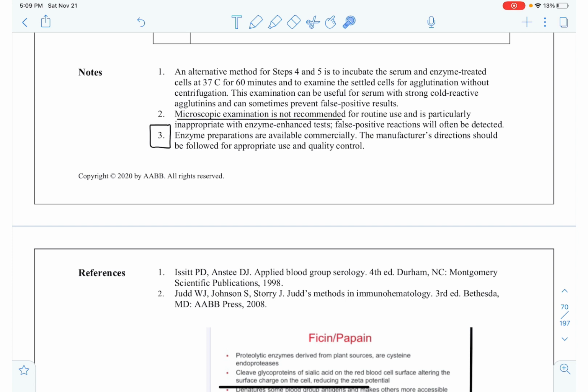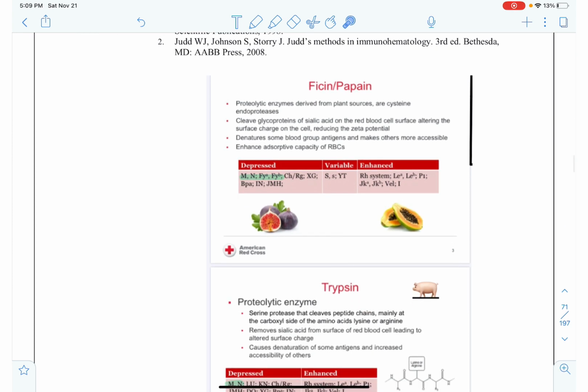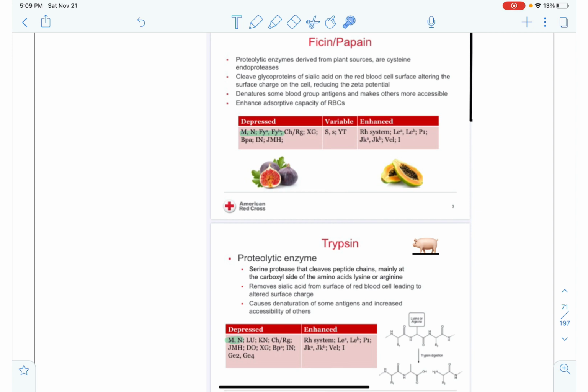We will review this week how serologists use enzymes to investigate antibodies, but I'd like to comment on the sources of these enzymes for a minute because there is some interest in the source of these enzymes to me. It's quite interesting. Ficin and papain are 2 commonly used enzymes in the reference laboratory.